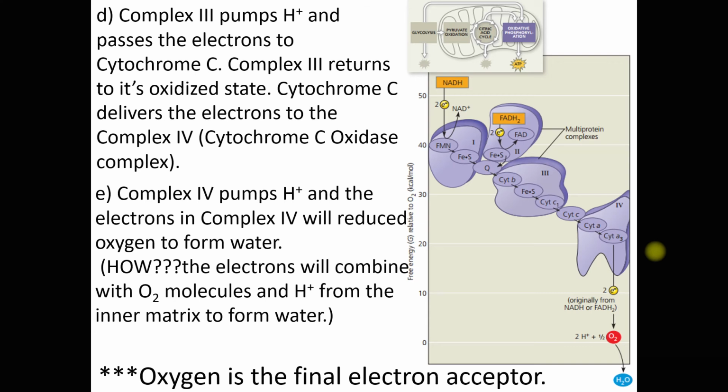So here we can conclude that oxygen is the final electron acceptor, okay, because oxygen receives the electrons from complex 4, and those electrons will reduce the oxygen to form water.